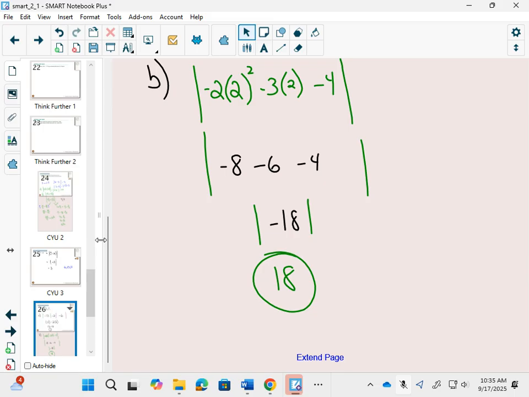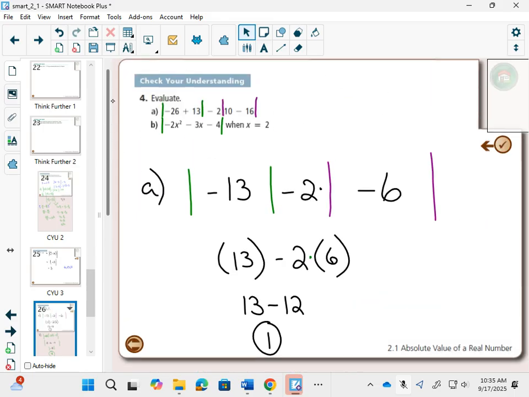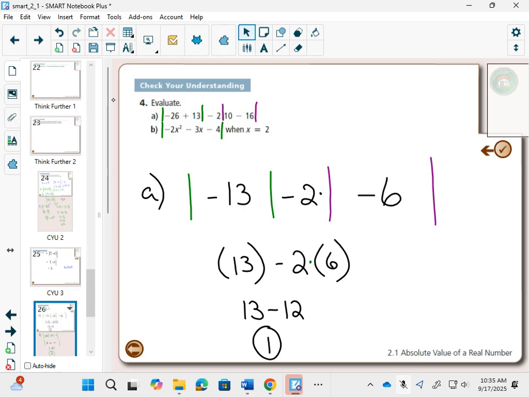Secondly, like we saw in example A, make sure you know where one absolute value bar starts and where it ends, because they look the same. So I like to color code them. Green ones, I did inside of that till I got a single number. Purple ones, inside of that till I got a single number. When you evaluate the absolute value, which means make it positive, put it in brackets.